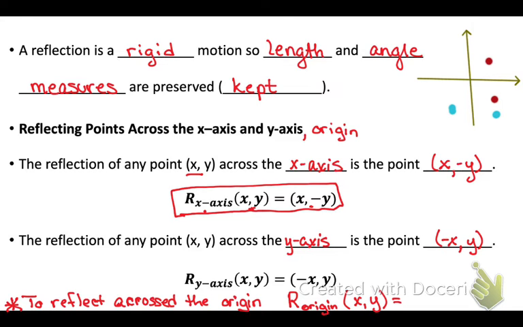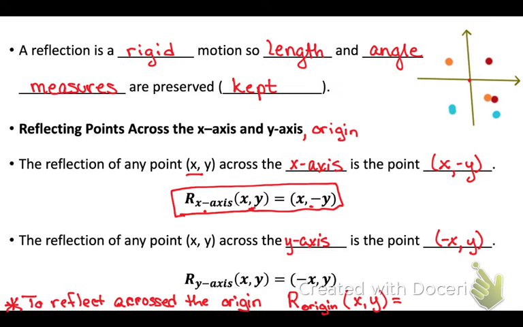So we got to figure this one out. Okay, let me get another color. Orange, you can see orange, right? Okay, so if I start up here, where is the origin? You know what the origin is? 0, 0. The 0, 0 is the origin, yes? So to reflect across the origin, that would be over here, wouldn't it?